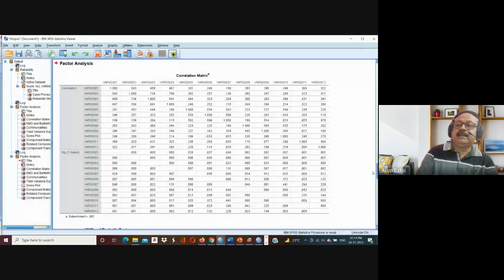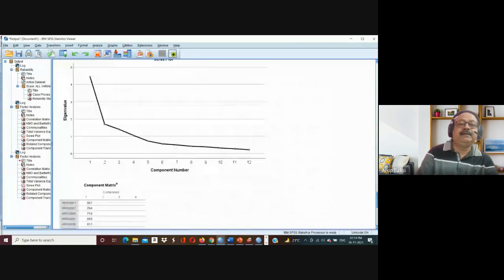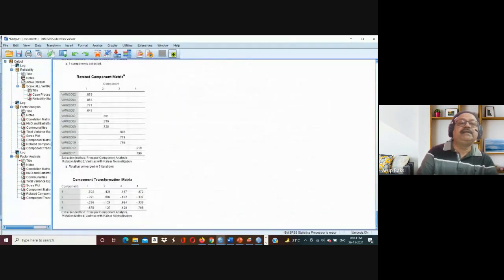Okay, now let us see what has happened in the rotated component matrix. This is much easier to interpret now. Now you know in factor 1 how many variables are included and which variables are included, and the same for factor 2, factor 3, and factor 4.